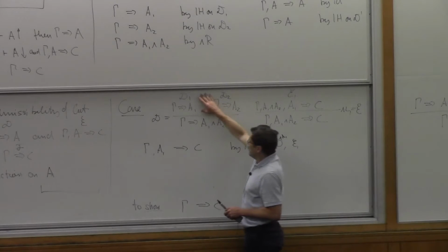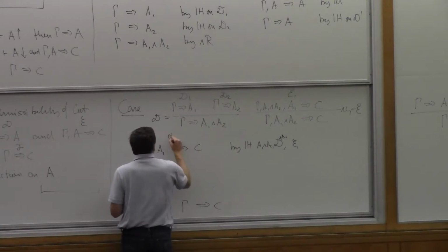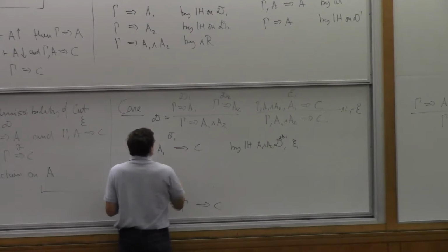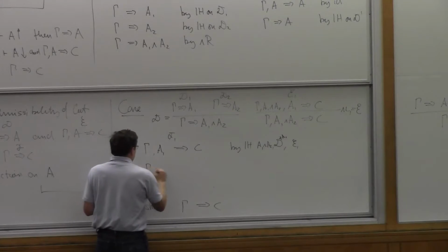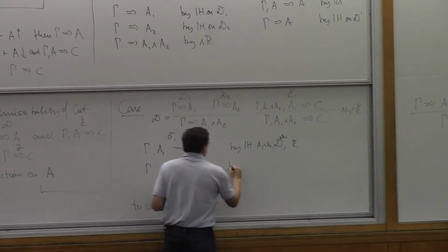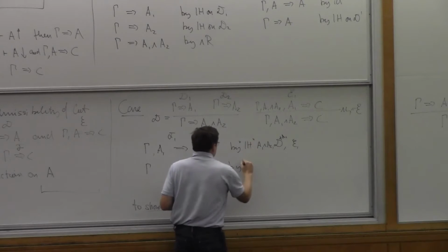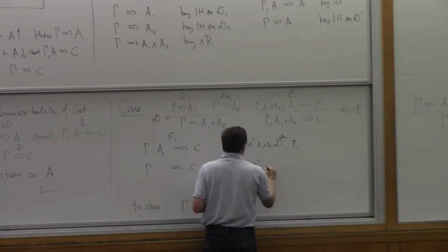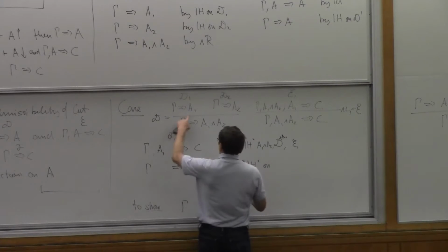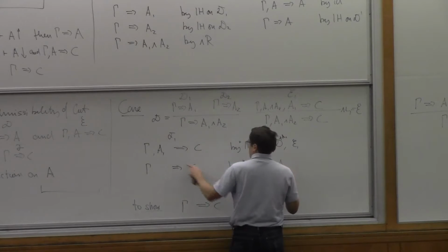Now we could take D1 and this, let's call this F1. Now we could get gamma proof C by induction hypothesis on the formula we cut out, which is A1.